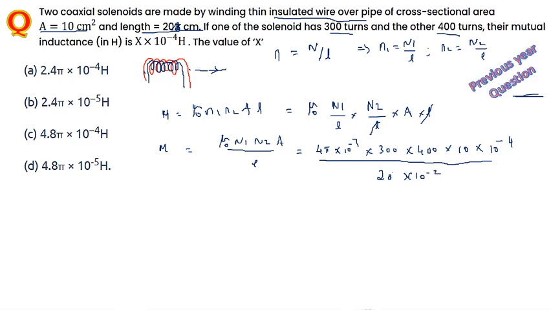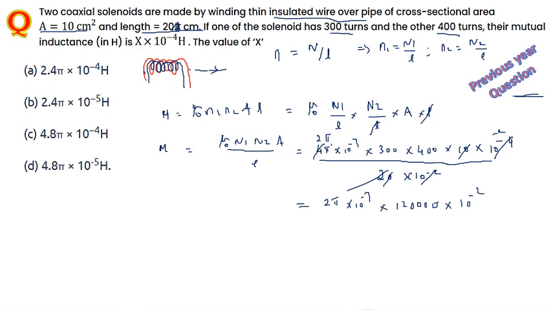Now you just cancel here, one zero will be cancelled. This is for 2, so 2 pi is there. 10 power minus 2 will be there, so 2 pi into 10 power minus 7 into 4 into 3 is 12, 4 zero is there, and the additional 10 power minus 2.